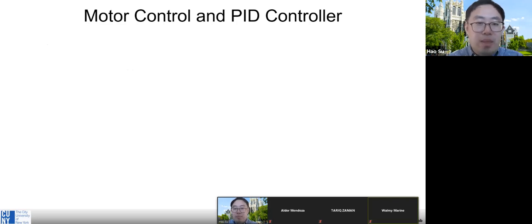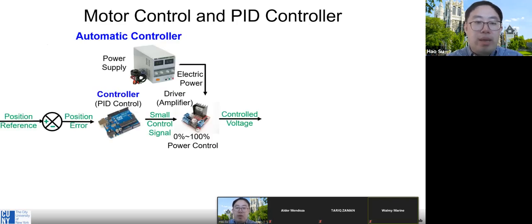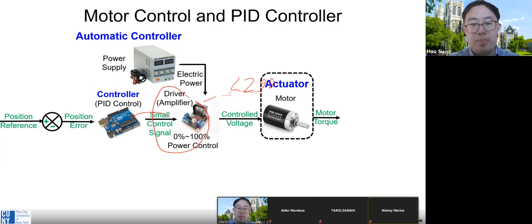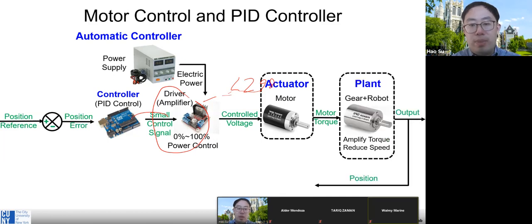I think you already learned in the last two lectures about the mechatronic components. We have this motor driver, the H-bridge driver circuit. I think it's called L298. This motor shield can be attached on top of the Arduino system, and you will use that to control the brushed motor.